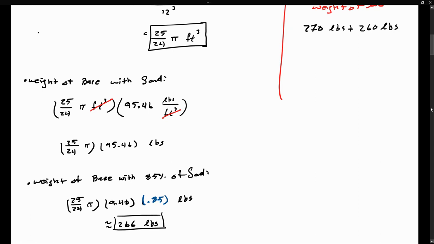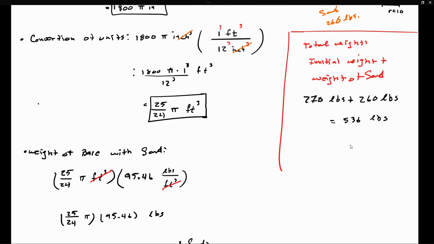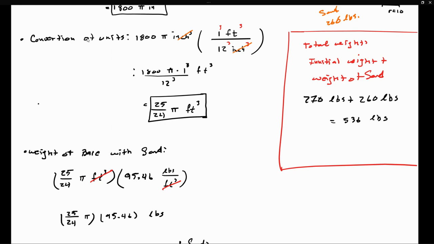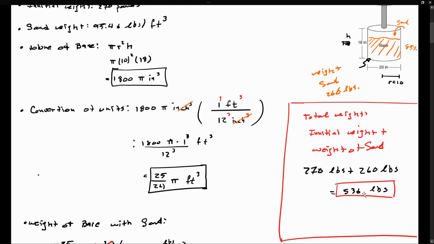So if we add them together, this is equivalent to 536 pounds. So there it is. The actual weight of the equipment that has been filled with sand at 85% capacity is equivalent to 536 pounds.